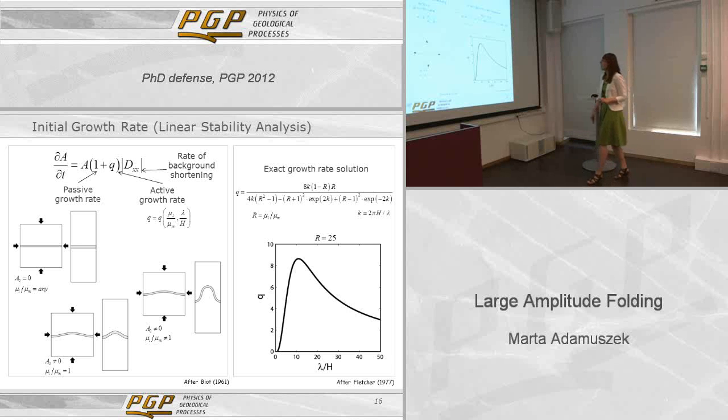Here I present a specific case, and I chose the viscosity ratio 25. I plot the diagram of how growth rate depends on wavelength to thickness ratio. We see that different wavelengths would be amplified with a different rate, and there is one specific wavelength that is amplified most, and this is the dominant wavelength to thickness ratio.